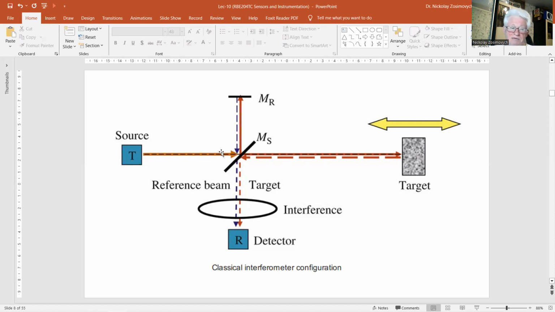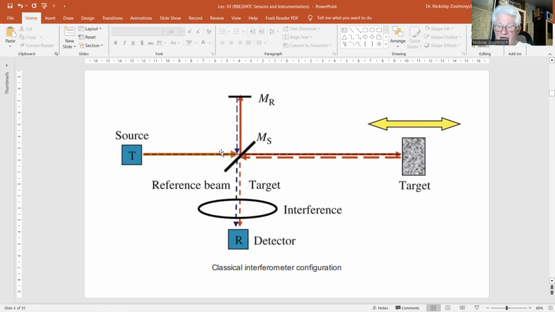The emitted light beam is split up into two separate beams, for instance, using a semi-transparent mirror. And the figure on this slide shows such a system, known as a classical Michelson interferometer.